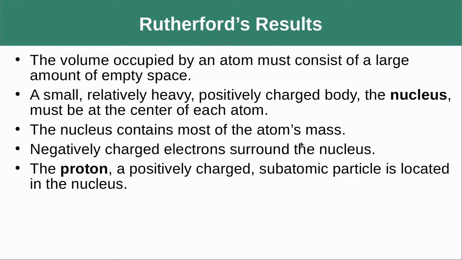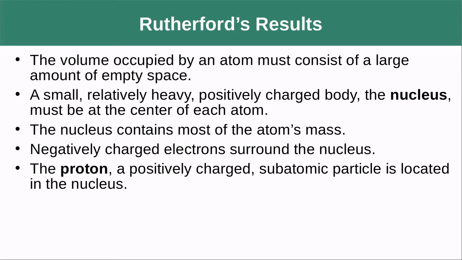So what conclusions can we draw from that? He concluded that the volume occupied by an atom must consist of a large amount of empty space. The majority of that material was empty space that allowed the alpha particles to pass right through.